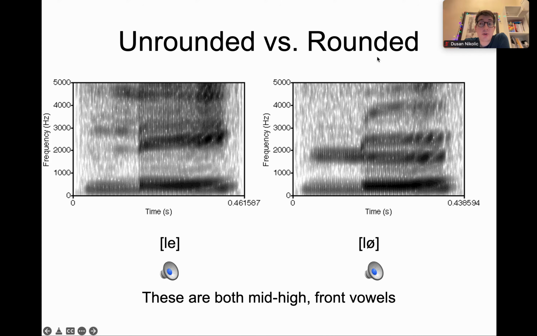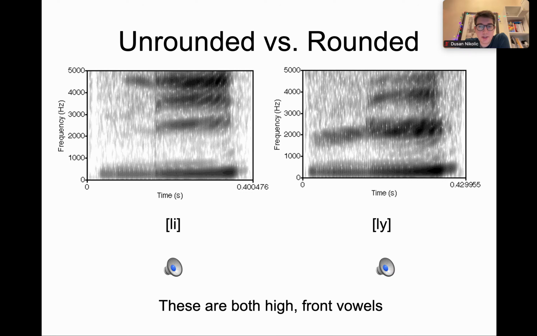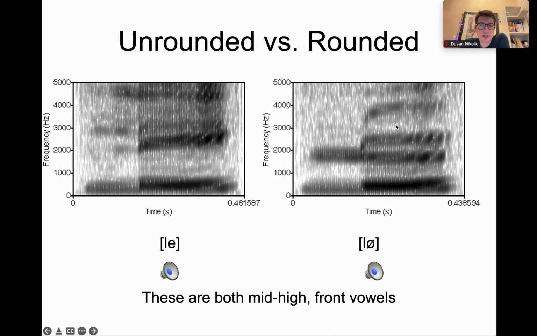Then we have unrounded versus rounded mid vowels, les, such as le, le, and you can see here that F2 also decreases or falls down. Here F3 also is quite lower than this F3, so we have the same principle. Here the F3 is relatively the same, stays the same.